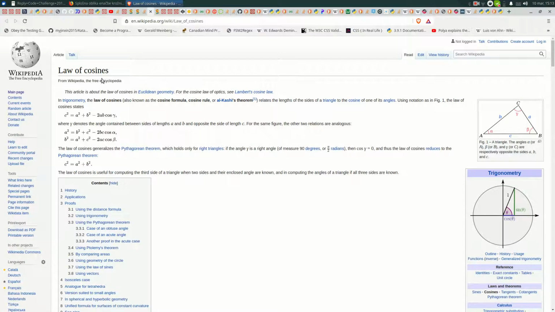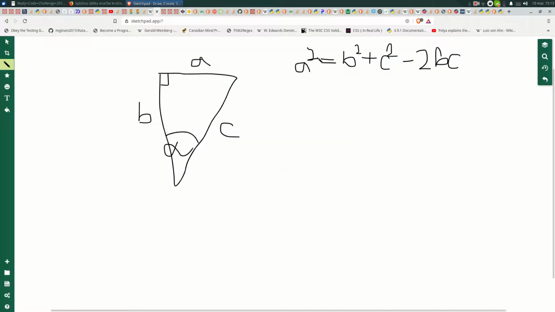Is that correct? And we need to express this element.